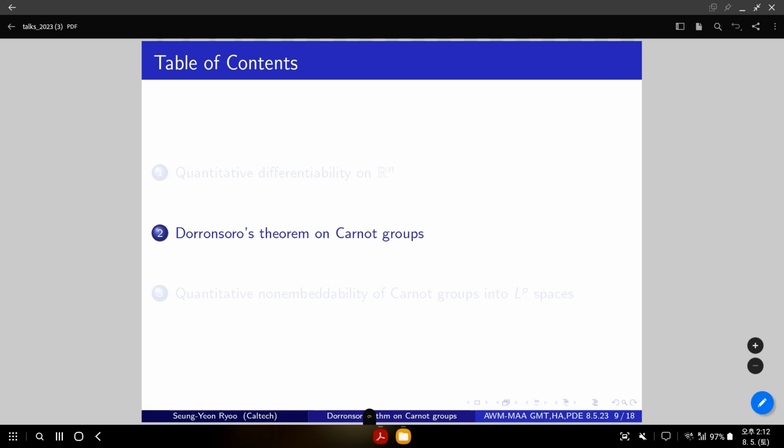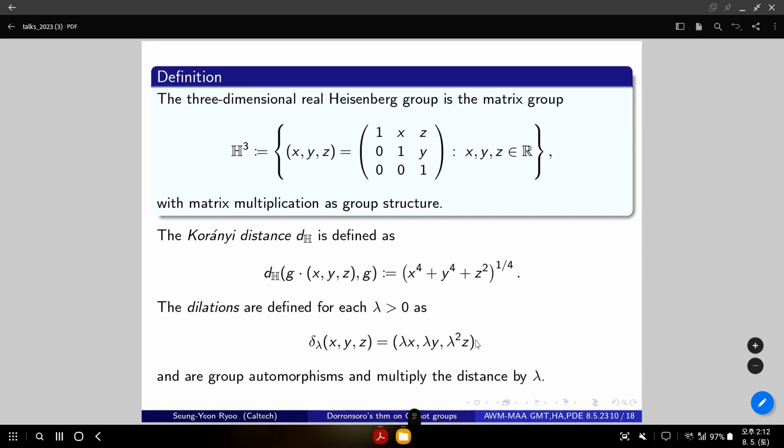So my work is extending the Dorronsoro theorem to Carnot groups. What is a Carnot group? I'll give you a simple example, which is the Heisenberg group. The three-dimensional Heisenberg group is the matrix group of unipotent upper triangular 3×3 real matrices.